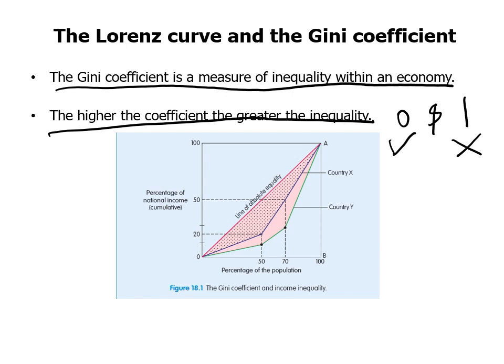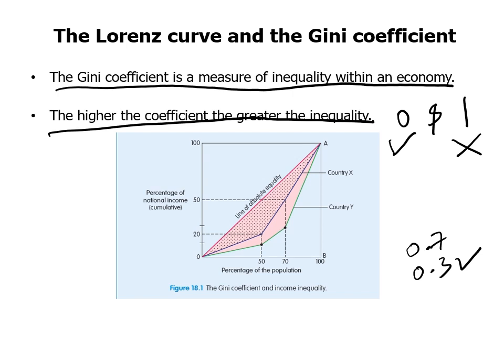So if you had a choice between two countries, one with a Gini coefficient of 0.3, the other with a Gini coefficient of 0.7, same national income, you didn't know if you were going to be a rich or a poor person, and you wanted equality, you would probably want to go to the country with the lower Gini coefficient.